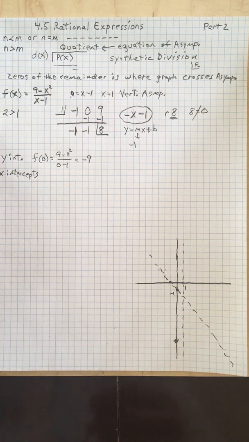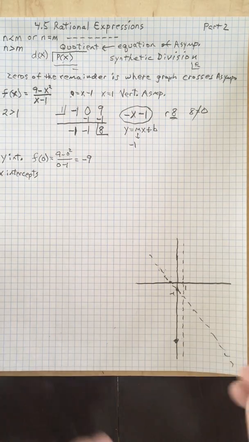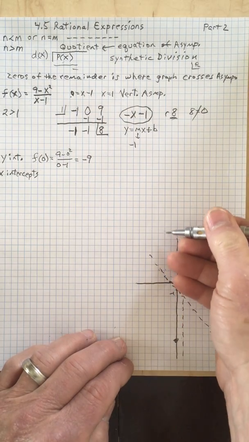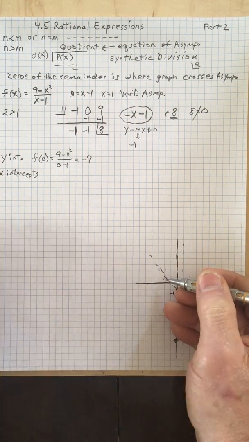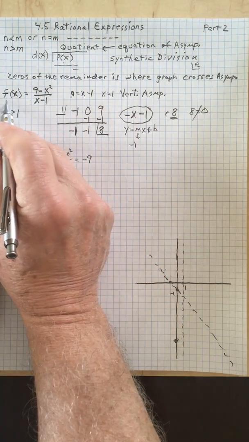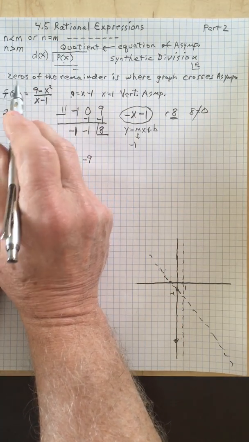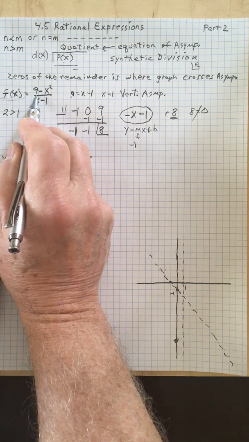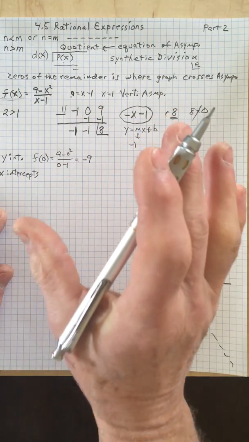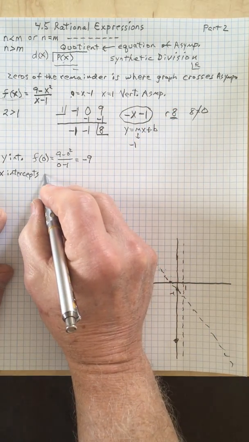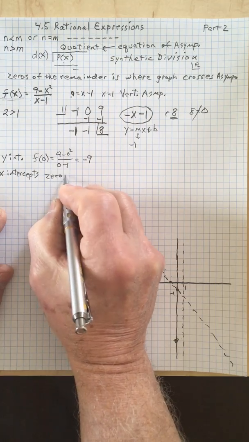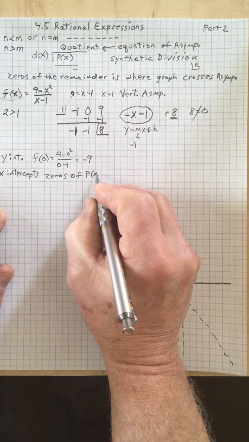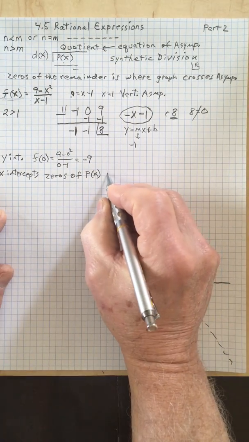Now for X-intercepts, that means y is 0. So if I'm crossing the x-axis here, the value on the y-axis is 0. That means the function has to be 0, but the only way for this function to be 0 is if the numerator is 0. So for X-intercepts with rational expressions, what you're looking for are zeros of the numerator, which we'll call p of x in the actual definition.